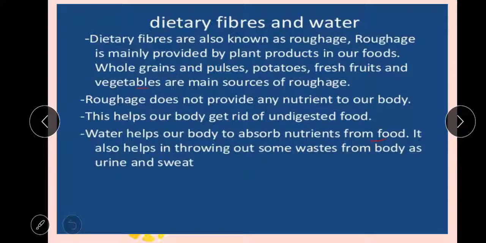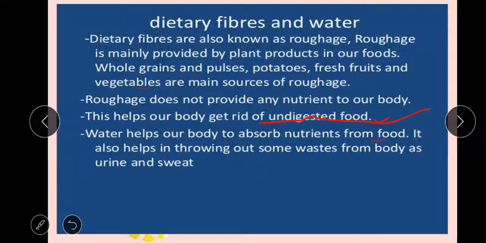Whole grains and pulses, potatoes, fresh fruits, and vegetables are main sources of roughage. Roughage does not provide any nutrient to our body, but it helps our body to get rid of undigested food. Hence, roughage helps us to clear our unused food.